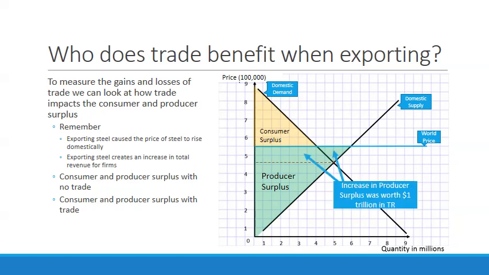The increase in producer surplus was worth $1 trillion in total revenue because we increased it by taking away part of the consumer surplus, but also adding in the exports. So consumers lost while producers gained. However, the economic well-being of the country increased as a whole. And that's the key point: regardless of who gains and who loses from trade, the country itself sees economic well-being increase.